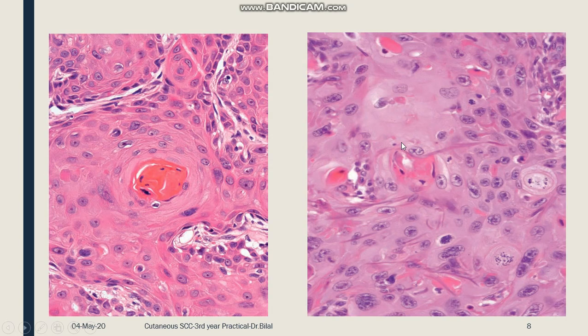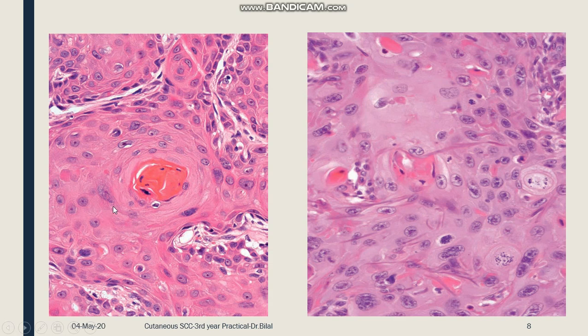In the next picture, we see another important feature, which is known as keratin pearls. You can see here in this area, this structure is known as the keratin pearl. This is a whirling area. You can see the cells are whirling around the central keratin. So remember the words keratin pearls as well.